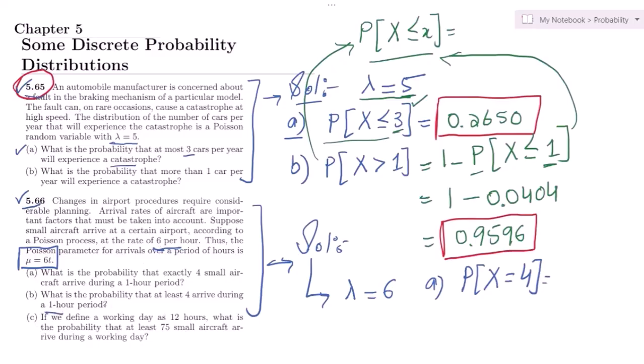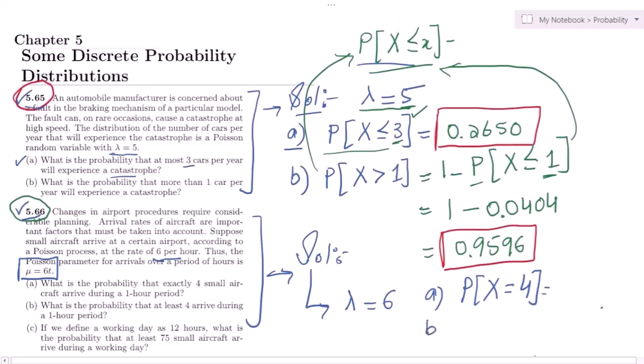And part B: what is the probability that at least 4 arrive during a 1 hour period? At least 4 means all the other values will be greater than or equal to 4, so the probability of x is greater than or equal to 4.